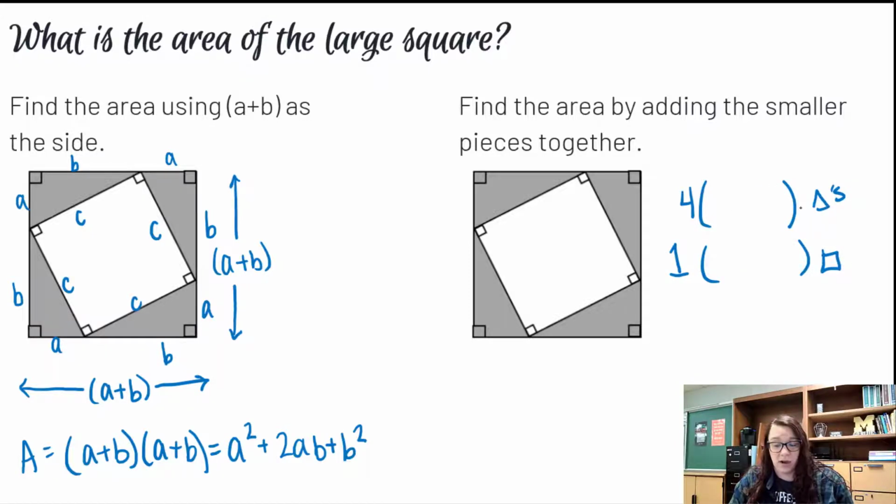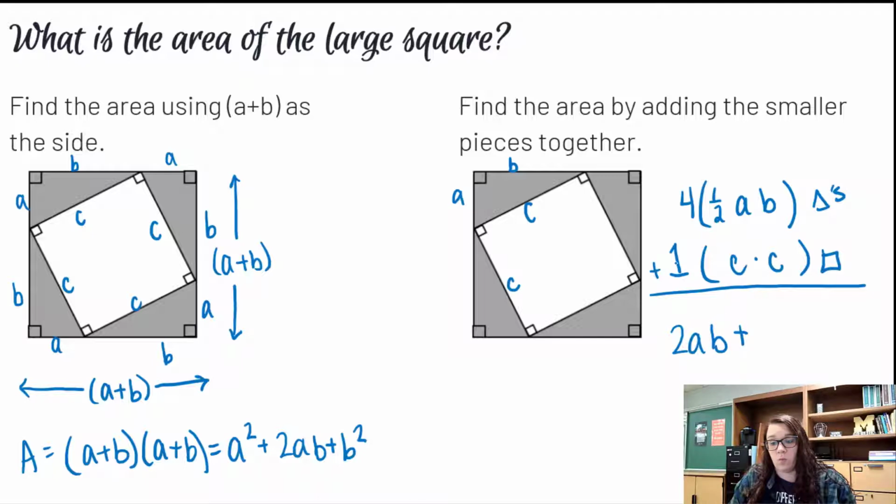So let's see, the triangles are found by saying 1/2 base times height, and for each one of the triangles, our base was A and our height was B. So 1/2 A times B. Plus, we're going to add to that one of these squares, and it was C by C, so C times C. So let's see, we've got 4 times 1/2 times A times B. I'm going to kind of add these up here. So 4 times 1/2 is 2, so 2AB plus 1 times C, so that's C squared. 2AB plus C squared, and this is our area.